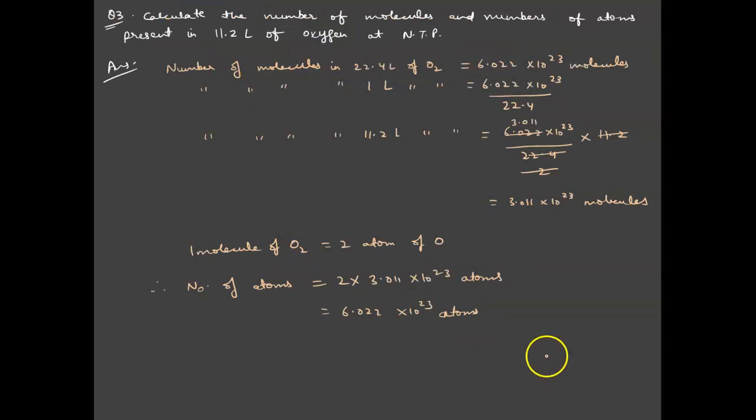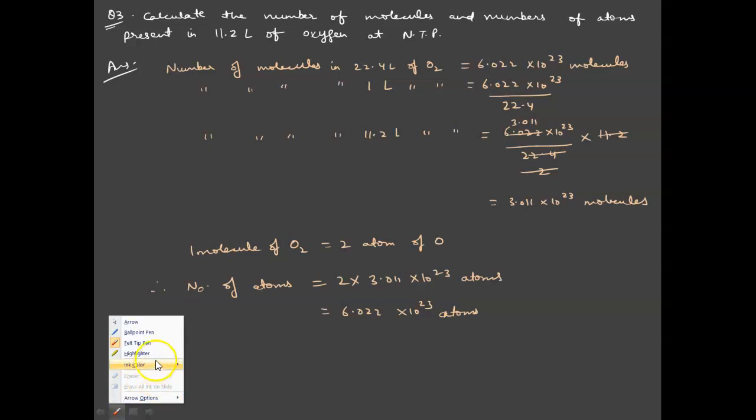Now comes the next question. Calculate the number of molecules and number of atoms present in 11.2 liter of oxygen at NTP. So here we have to calculate the number of molecules and number of atoms in 11.2 liter of oxygen. What we know is the number of molecules in 22.4 liter of oxygen.